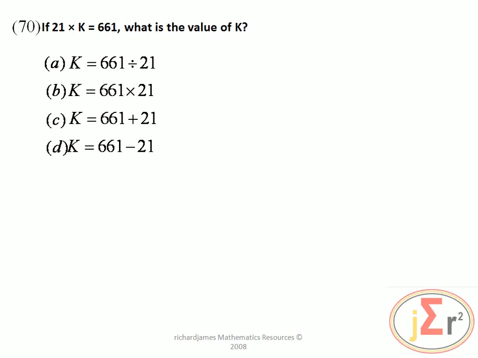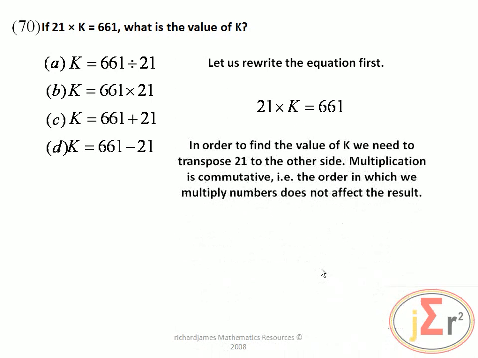If 21 multiplied by k is equal to 661, what is the value of k? So let us rewrite the equation. We always do that. In order to find the value of k, we need to transpose 21 to the other side.